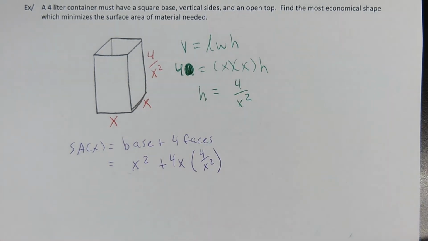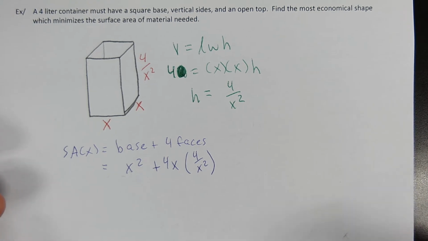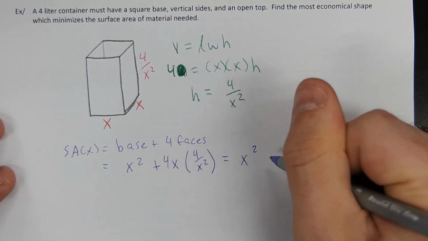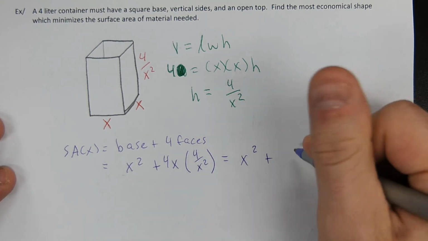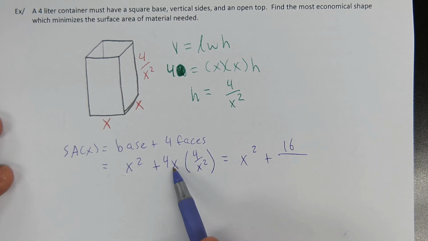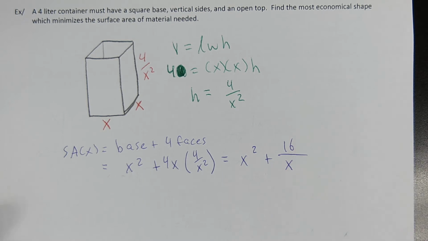I forgot to write the 4. I even wrote the 4 there so I wouldn't forget, but I still forgot. So that gives us x squared plus this 4 times 4 is 16. But there were 2 x's on bottom and 1 on top, so it'll reduce down to a single x on the bottom. So there's our surface area formula.